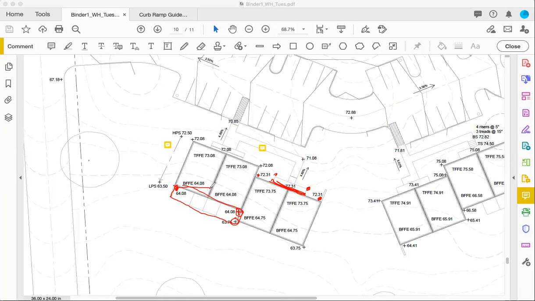So those are not restricted by the 0.5 difference. The 0.5 difference means the ground elevations here must be lower so water does not enter your building. Oh, okay. But the front porch will be the same as your TFFE to make it ADA accessible.